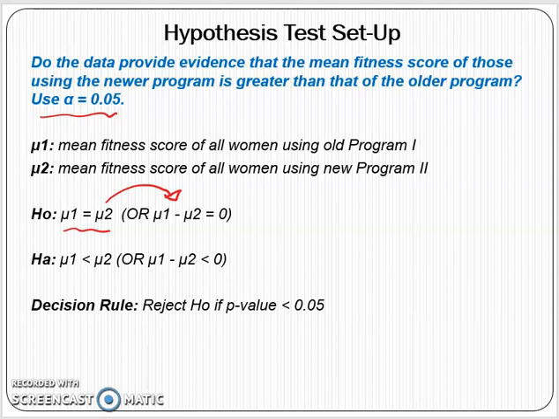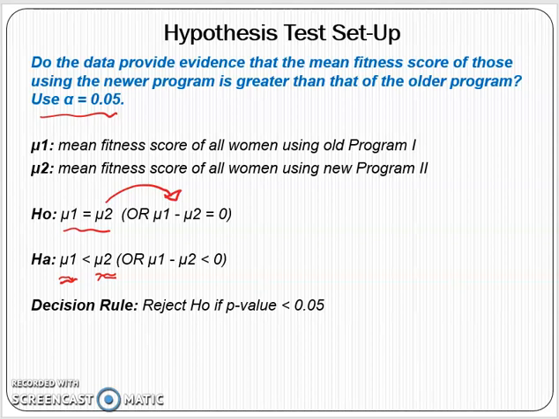The alternative is that the score of those using the new program, program 2, is greater than that of women using program 1. So mu1 would be less than mu2 for this hypothesis. The decision rule is to reject H0 if the p-value is less than 0.05. That's the level of significance.